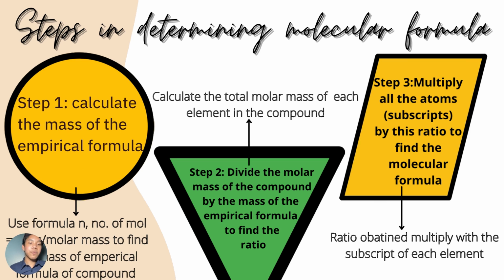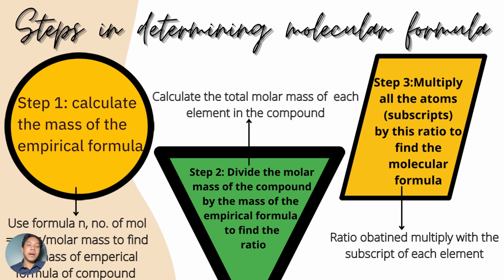All right. Step 1. Calculate the mass of the empirical formula. Okay, you can use the formula mass over molar mass to find the mass of the empirical formula of the compound. And then step 2, divide the molar mass of the compound by the mass of the empirical formula to find the ratio. Calculate the total molar mass of the compound, okay?